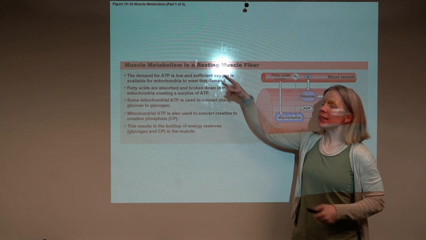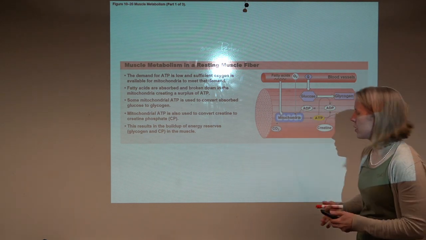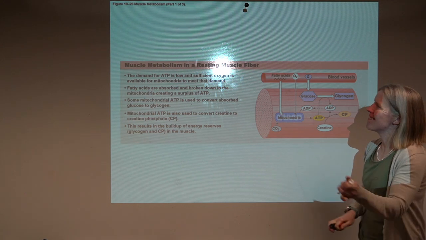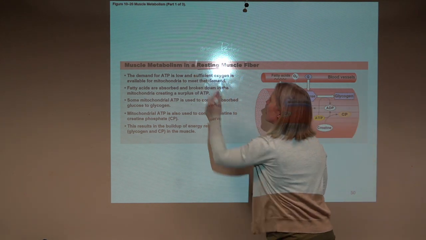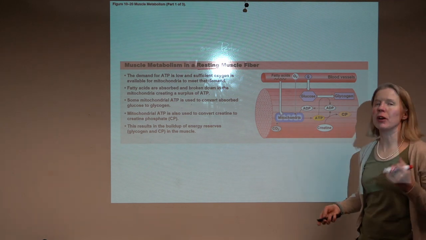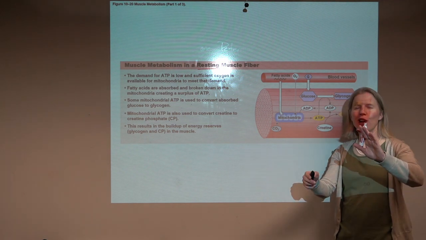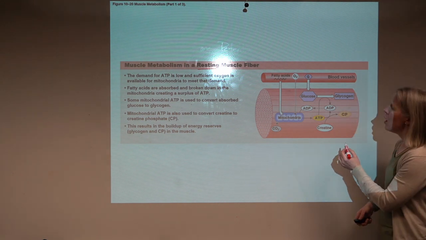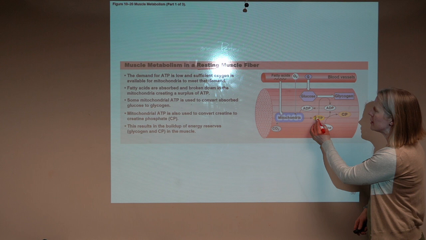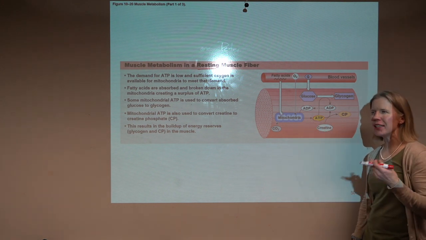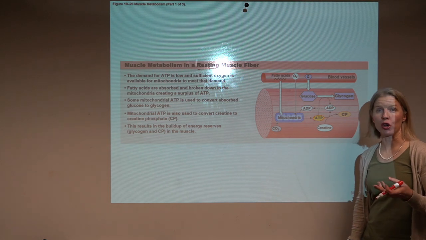In a resting muscle fiber, a couple things that I'd like you to note here: at rest, of course, we do not need as much ATP. Hopefully we're all good with ATP being this cellular currency of energy. In a resting muscle, when this ATP is being produced, ATP is really not meant for long-term storage.